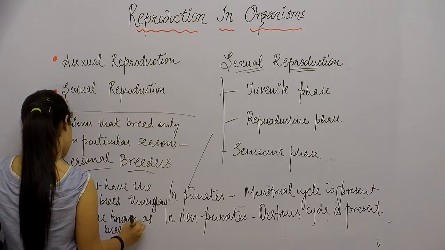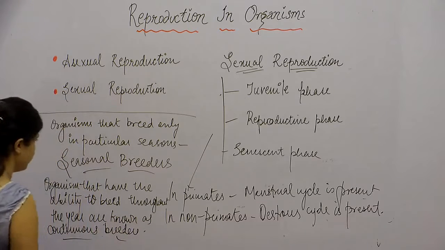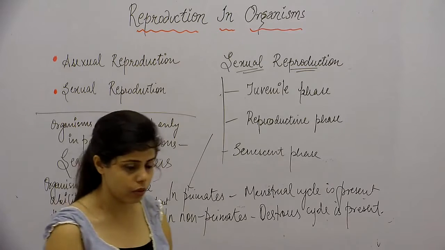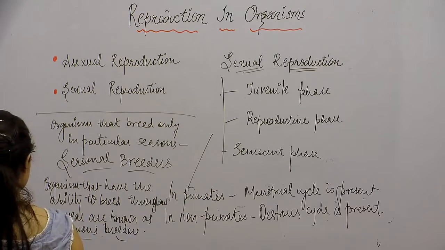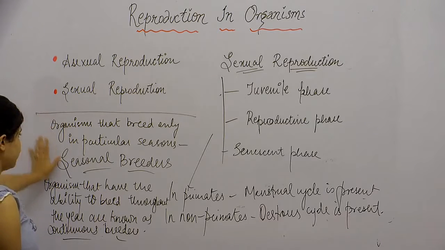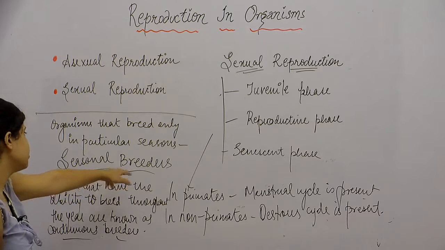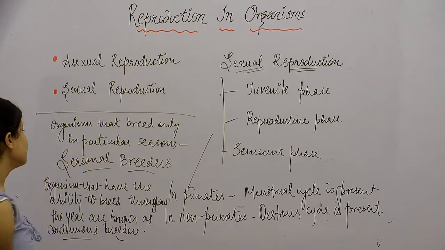Human can be put as an example in continuous breeders. In your exams, they can ask you what is the difference between seasonal breeders and continuous breeders. You just have to remember that because it's written seasonal, which means these breeders will only be able to breed in some particular seasons, whereas in case of continuous breeders, the breeders will be able to breed continuously throughout the year.